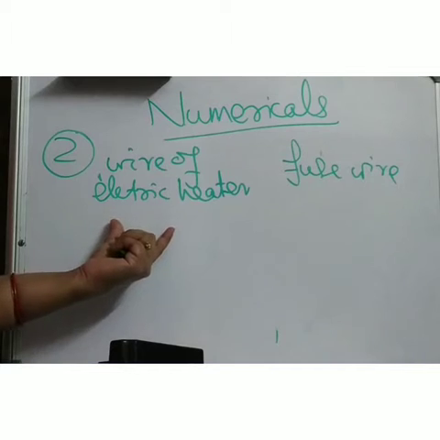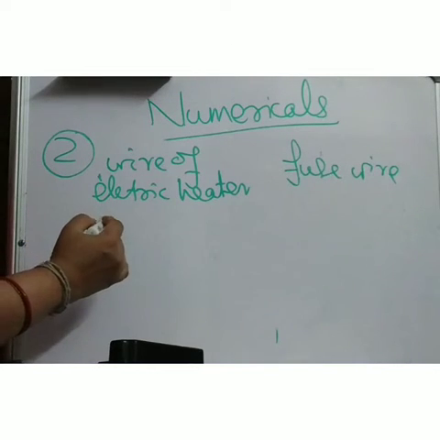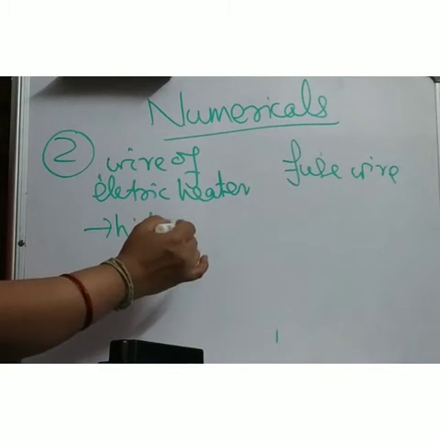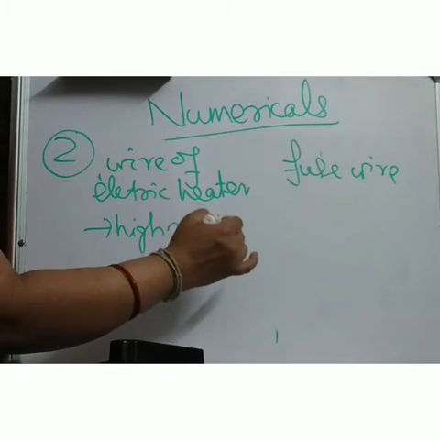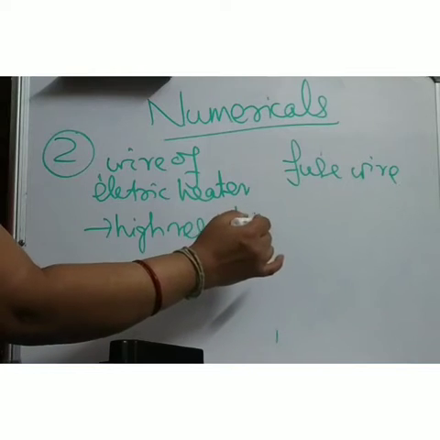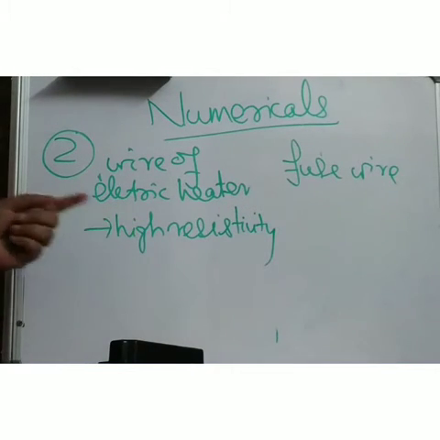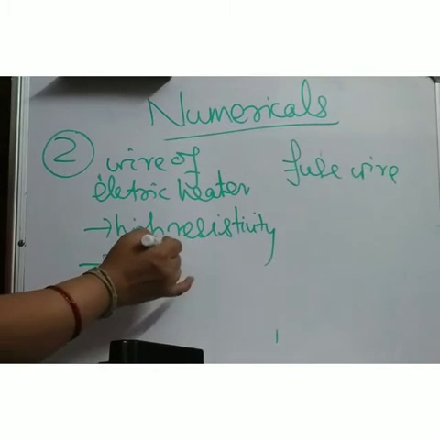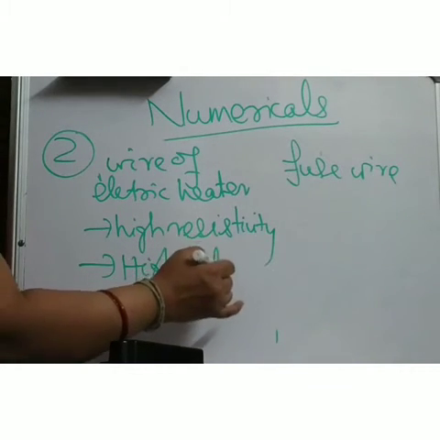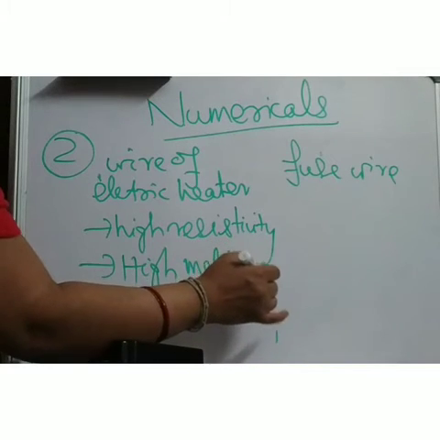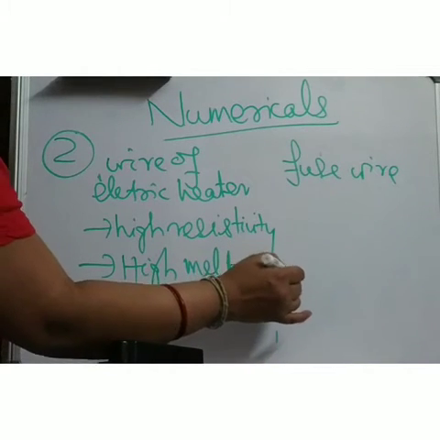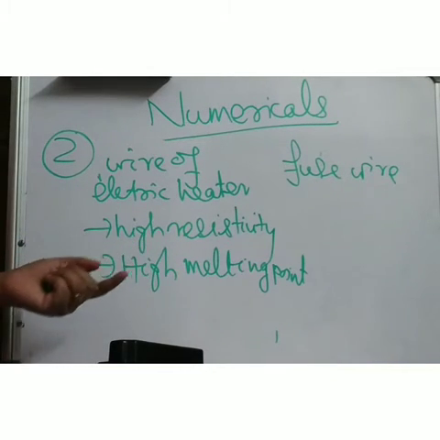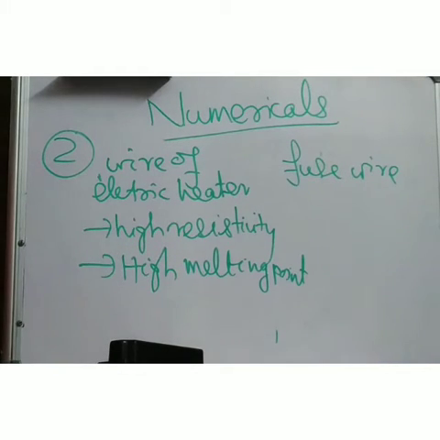The wire of an electric heater has very high resistivity. It also has a very high melting point. If the melting point is high, even at higher temperature your wire will not burn.